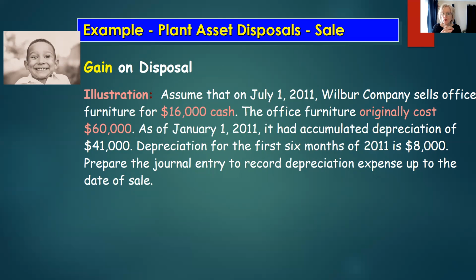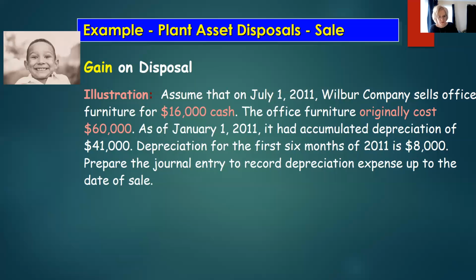The office furniture originally cost 60,000. As of now, dates are really, really important. So circle the dates in this problem. This sale happened July 1st. The office furniture originally cost $60,000. As of January 1st, its accumulated depreciation was $41,000.